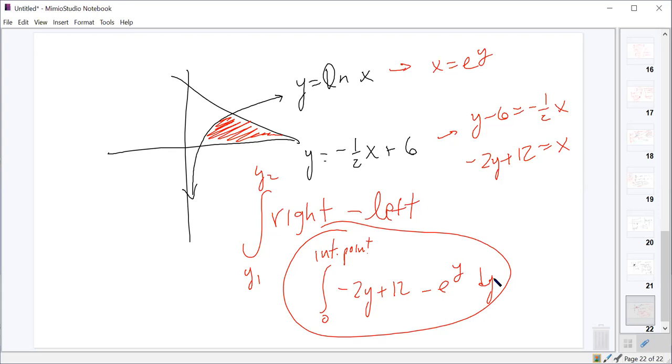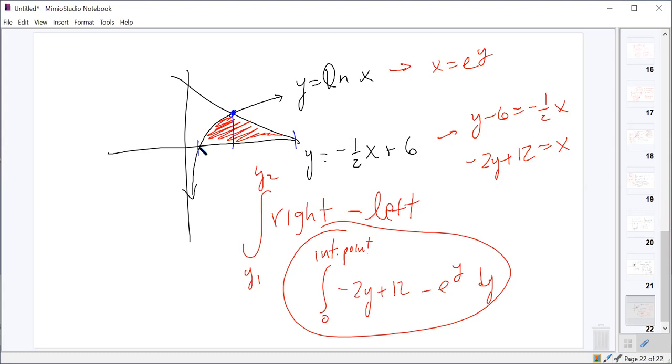This one would be a little bit more difficult if you wanted to do it in terms of x, because the upper function switches from natural log to negative 1/2 x plus 6 partway through the interval. So you'd have to write this as two different integrals.